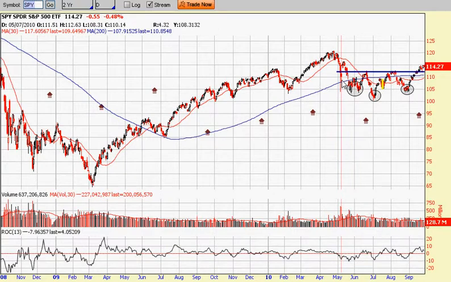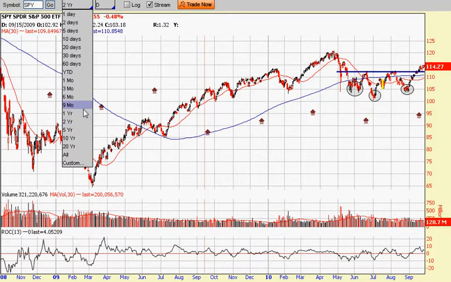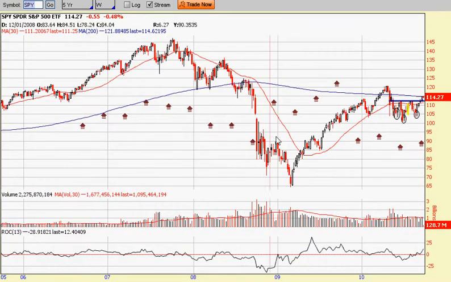There's the flash crash. When the stock market goes down 1,000 points in one day, that's a black swan. When you see a gap like this and it goes down about 10% of the market, that's a black swan. Black Tuesday, black swan. Because these are rare events that happen.